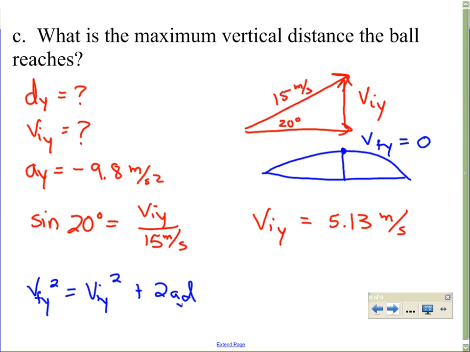And I'm going to add some y's in there so we know it's all about y. So I'm going to use this one. There's other ways to do it, but it's just one way. So I'm going to rewrite that equation and isolate dy. dy is our maximum height. So dy is equal to VFY squared minus VIY squared divided by 2AY.